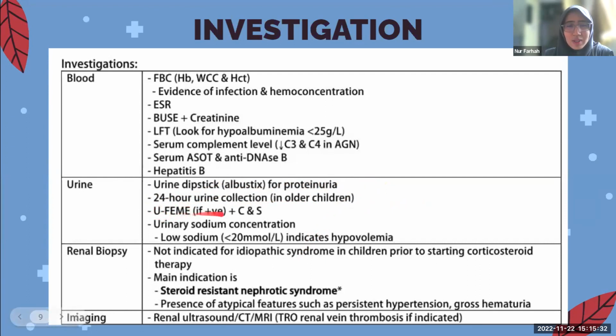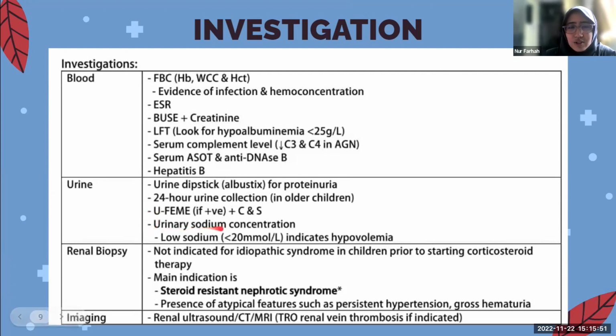This is together with culture and sensitivity. For this type of investigation, usually we do it to look at how much protein is lost in the urine, like the nephrotic range of the proteinuria itself. So how much protein is lost in a day.